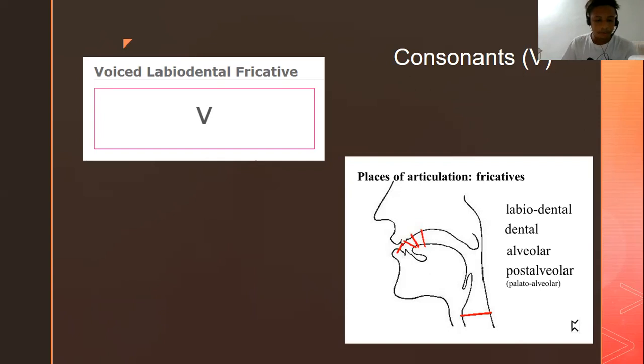The airstream mechanism is pulmonic. You have to use your lungs, which means it is articulated by pushing air with the lungs and diaphragm. Let's continue with the third.